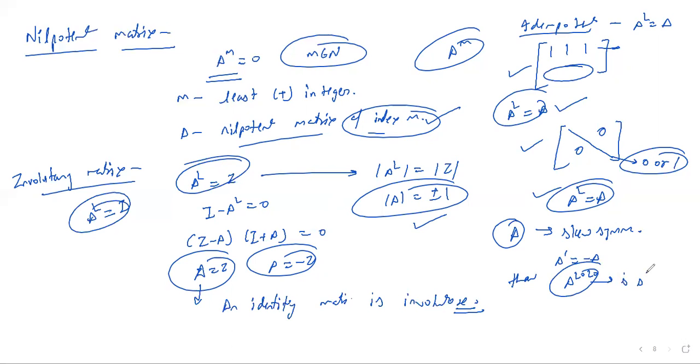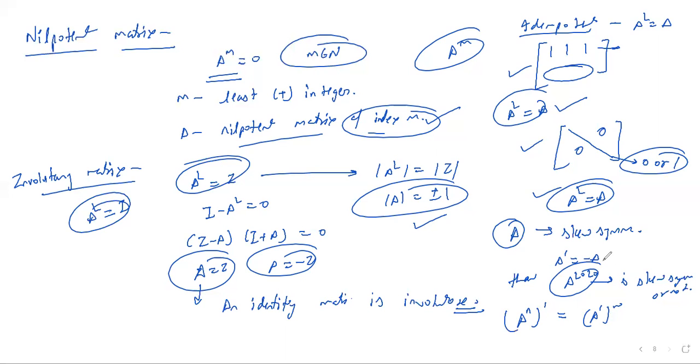I have to check this. Now if I have A which is skew symmetric, A transpose equals minus of A. Now let's take A power n's transpose, and we know that it will be equal to A transpose power n.